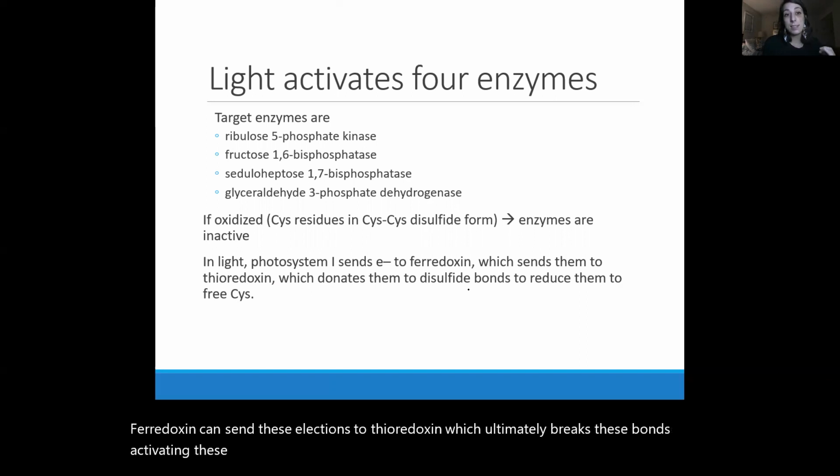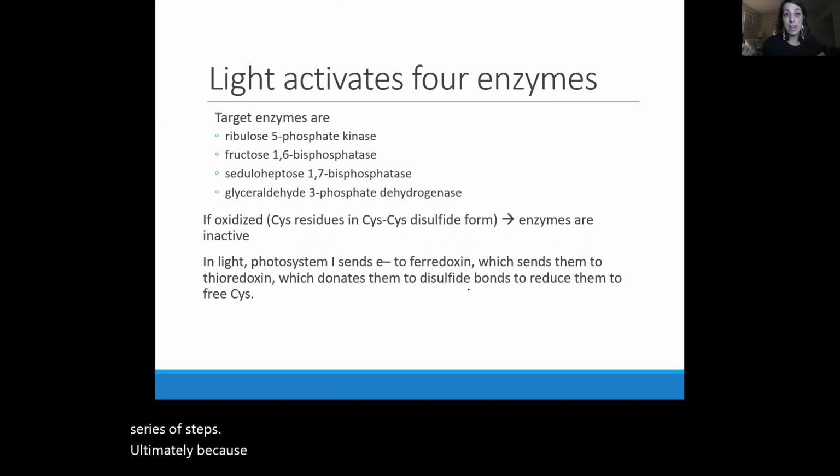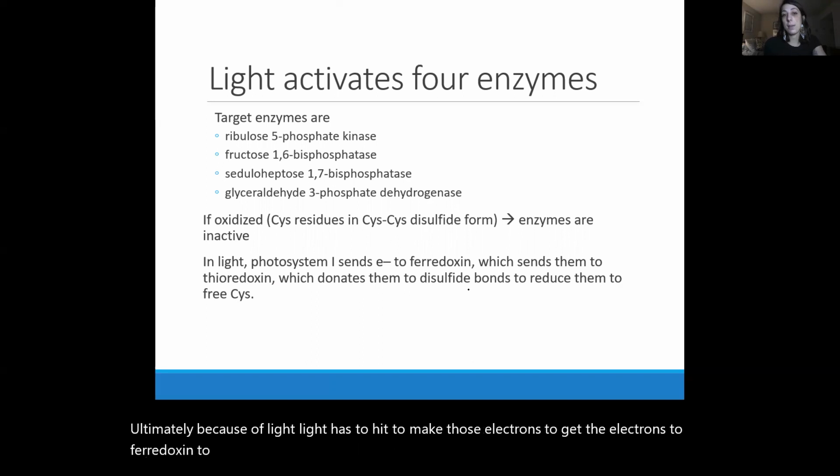So these enzymes are activated through a series of steps, ultimately because of light. Light has to hit to get the electrons to ferredoxin, to then break those cysteine bonds and make these enzymes active.